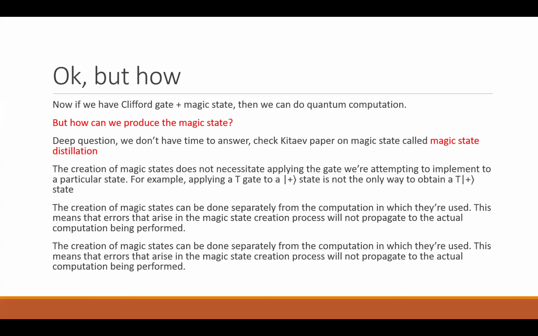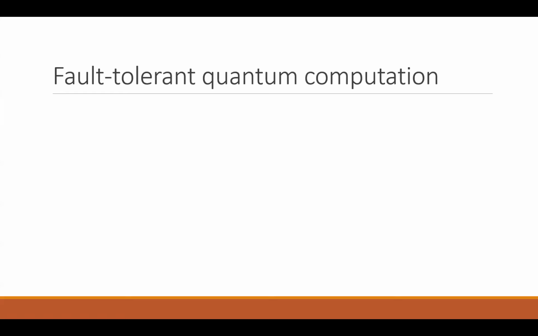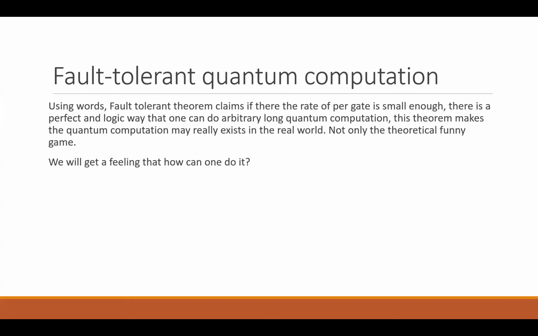Okay, so imagine now you can do Clifford gates, and you have this very clean T plus. Then next, you can now do fault-tolerant computation, and there is a theorem about it. So let me just tell you the idea. Remember that in the very beginning, in the repetition code, I said that if you start with 0, you can do this in advance, but in content you have this error correction.